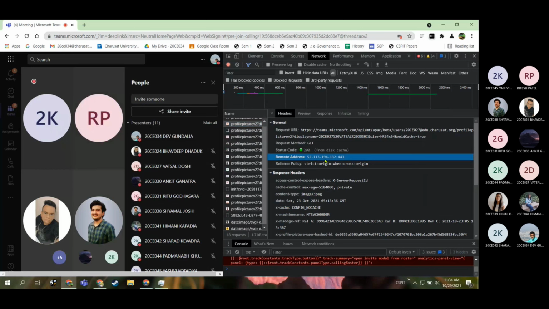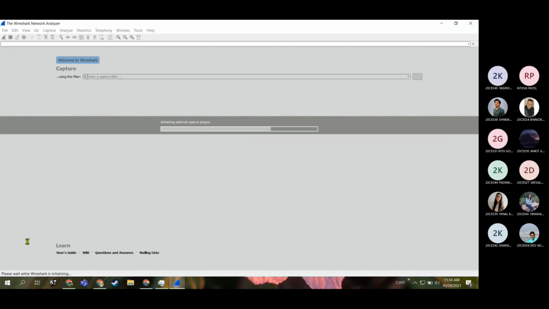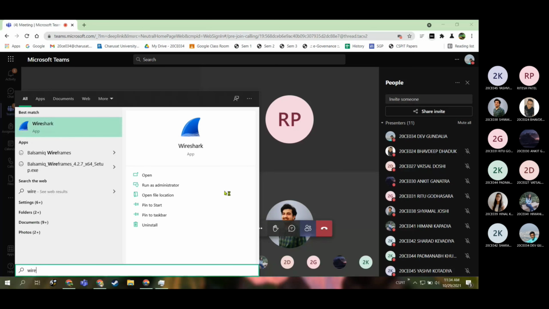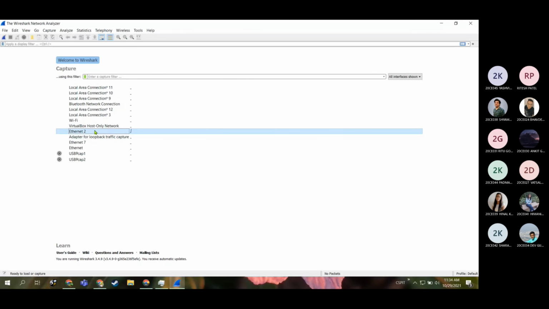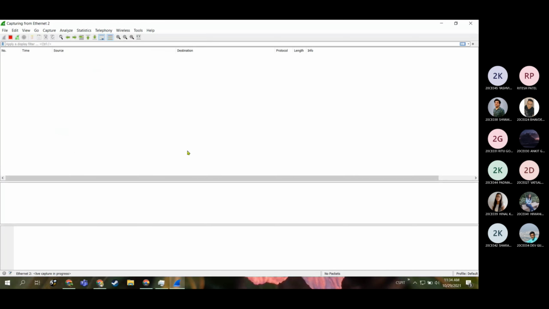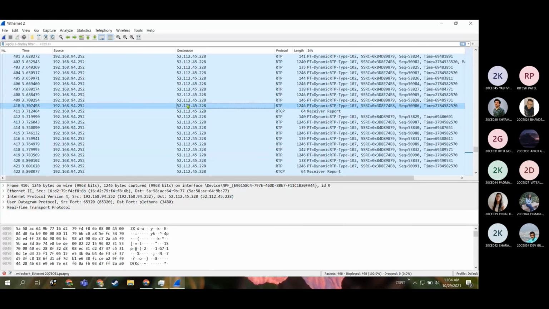For a second, remember this 52.113. Now I'm going to open Wireshark. I am connected to Ethernet, and I'm starting the capture. So you can see RTP and RTCP packets, and these IP addresses, as I have told you.